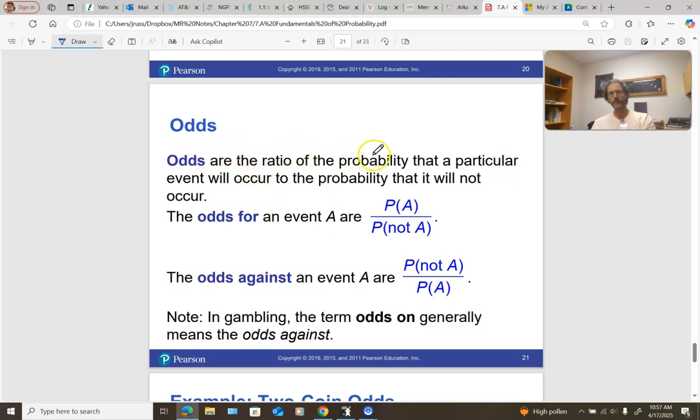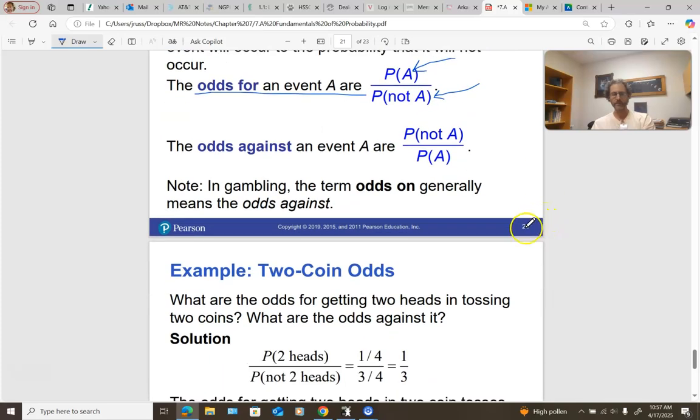It's the ratio of the probability that a particular event will occur to the probability that it will not occur. So we say the odds for an event means the probability that the event will occur divided by the probability that the event will not occur. So let's look at an example.